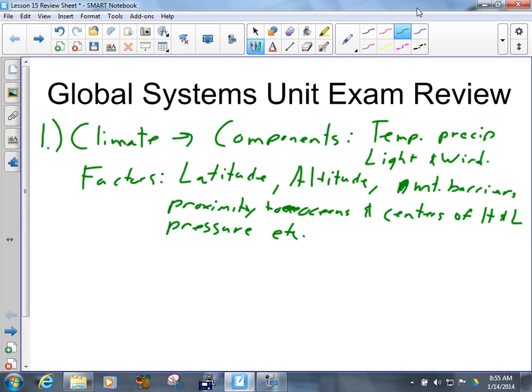It affects the angle of incoming solar radiation, and that affects how much energy the area can absorb. Being at a high altitude means that it is likely to be colder. Being on the windward side of the mountains means it probably gets more precipitation than something on the other side of the mountains would. Things like that. So don't just list the factors that affect it, but make sure you tell me how they affect the components of climate. You guys follow me there?